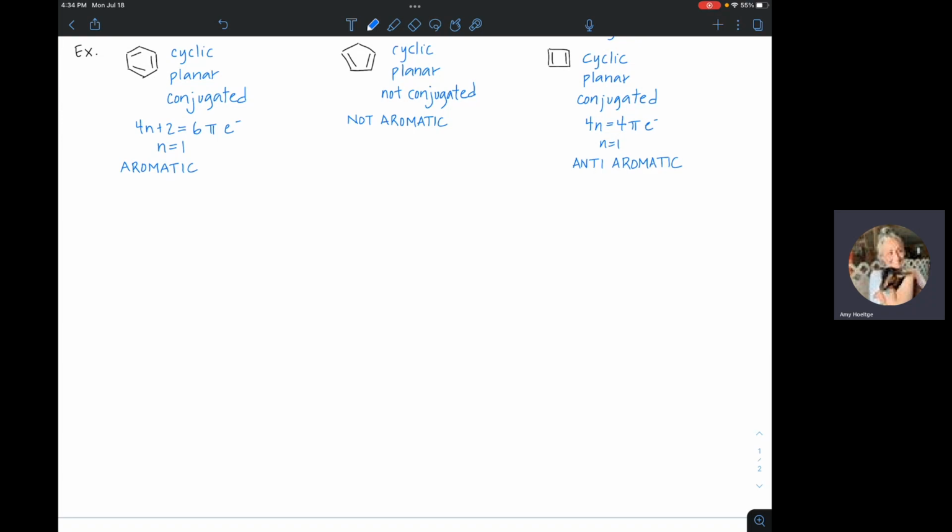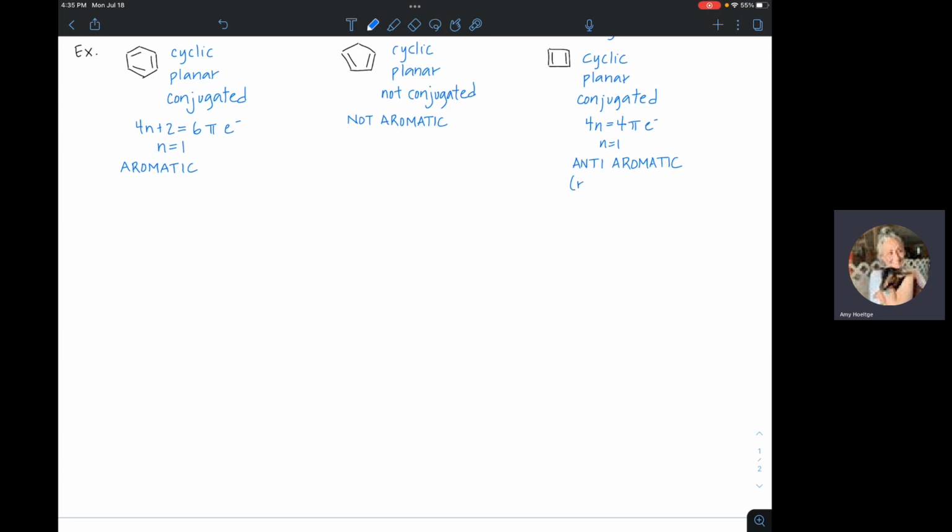Then there are the compounds that are just not aromatic at all. They look like they might be, right? They're cyclic, they're planar, but we don't have a conjugated pi system there with cyclopentadiene. So these are not nearly as stable as aromatic compounds. So they're kind of like weakly reactive, right? And then there are the anti-aromatic. So if you think aromatic is really stable, non-aromatic is sort of mildly unstable. Anti-aromatic are really unstable. They're highly reactive.